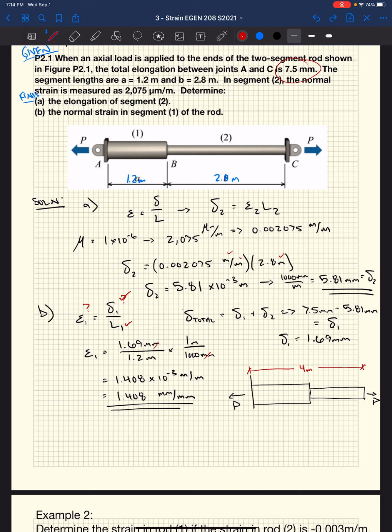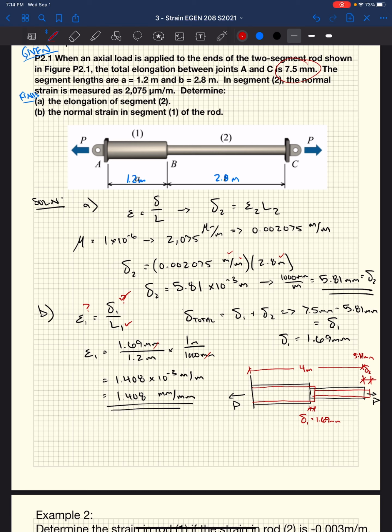And in the end, our segment 1 elongated 1.69 millimeters, and our segment 2, delta 2, is 5.81 millimeters.